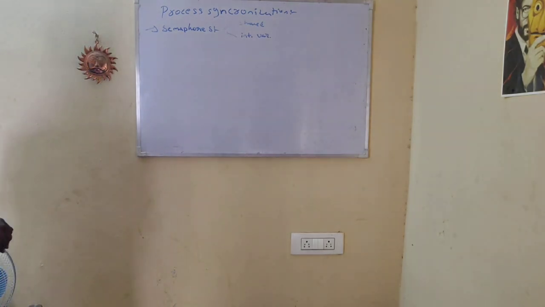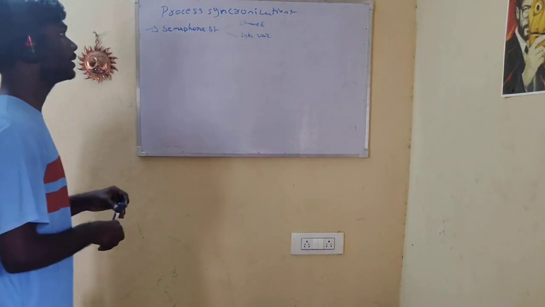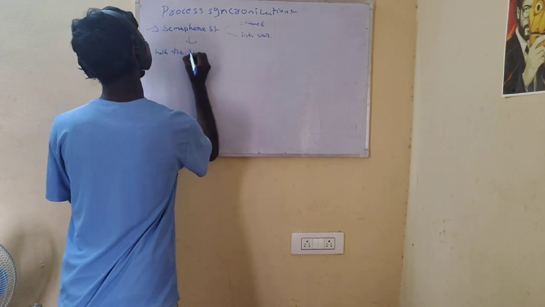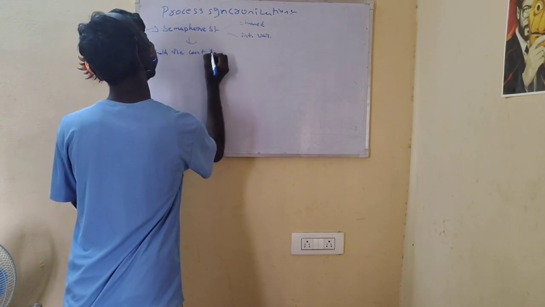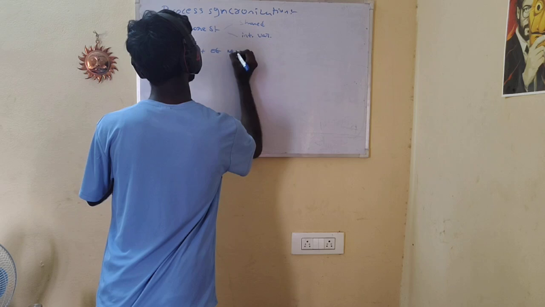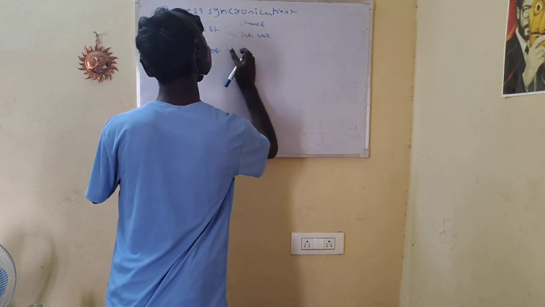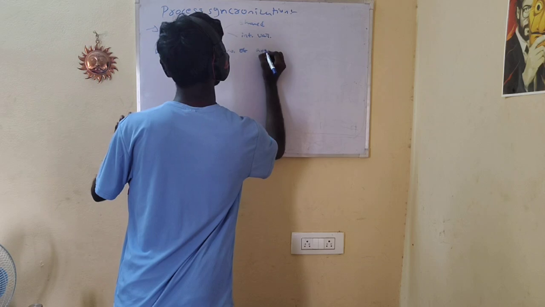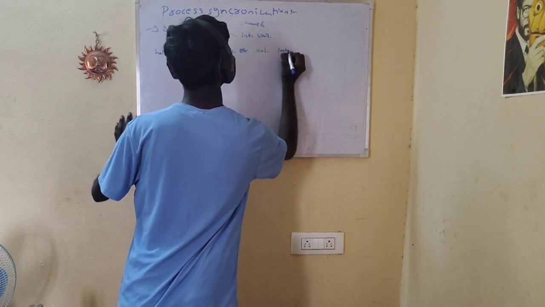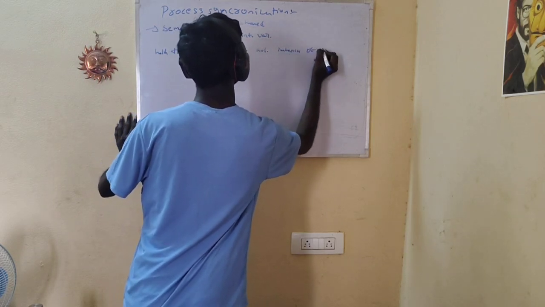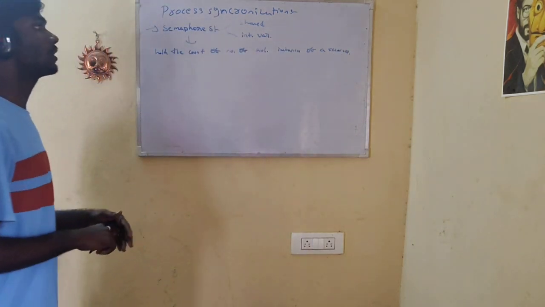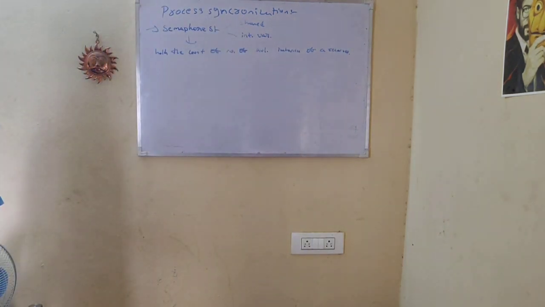Semaphore is a shared integer variable that holds the count of the number of available instances of a resource.